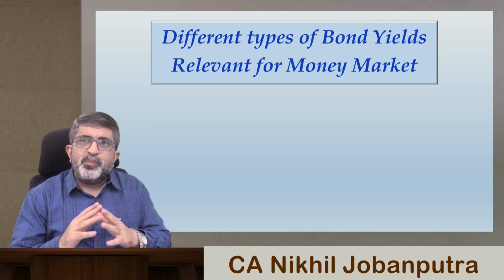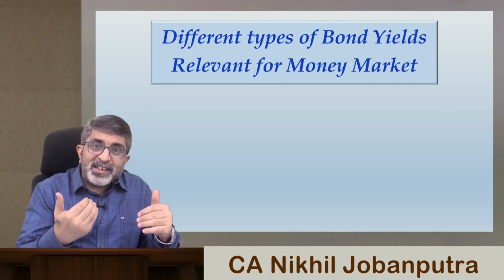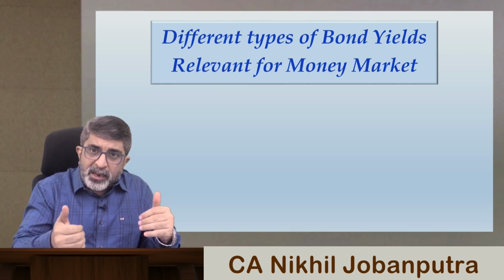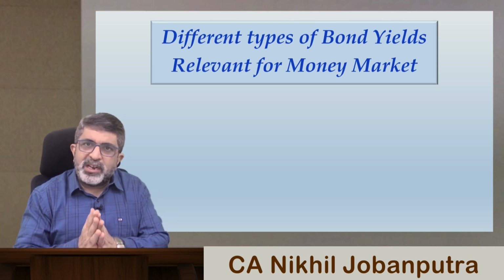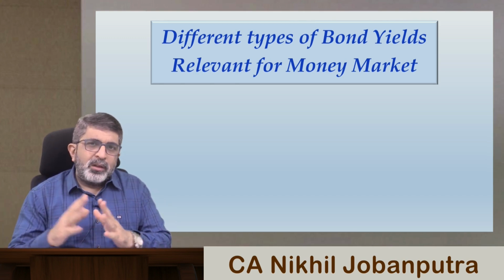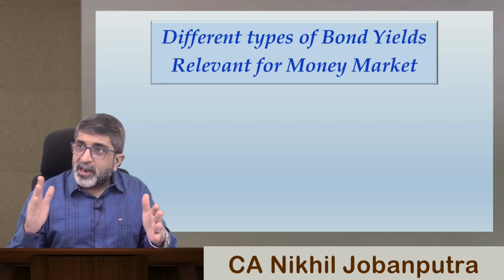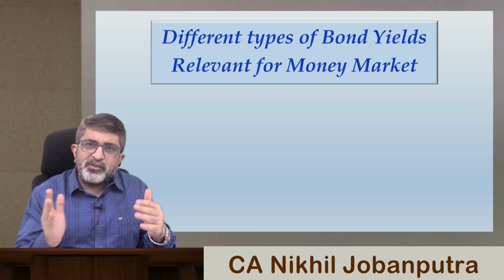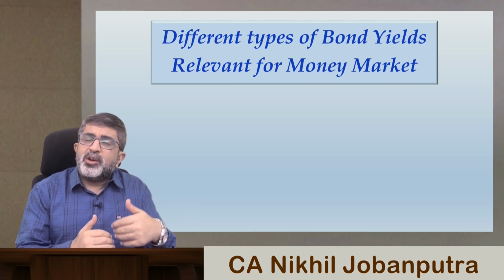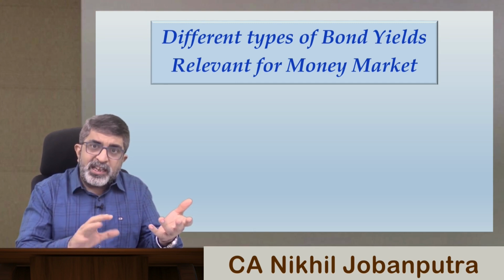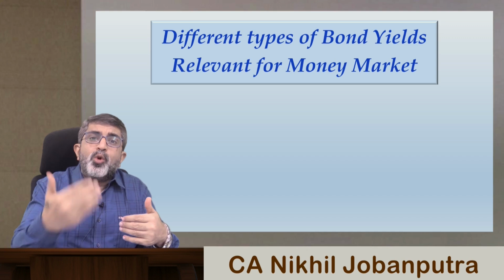But today we are going to deal with certain bond yields which are relevant not just for the bond market but for the money market. I'm sure you understand the difference between the bond market and money market. A bond generally comes as a long-term instrument. It could be a mid-term or a long-term instrument, but definitely having its maturity for more than a year.